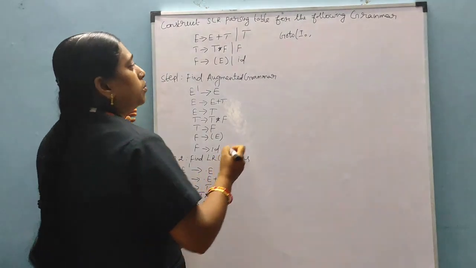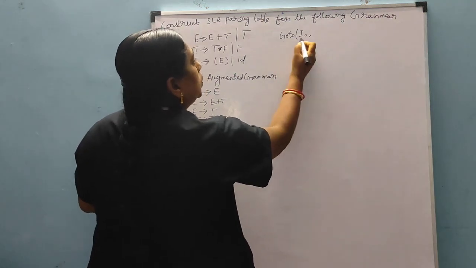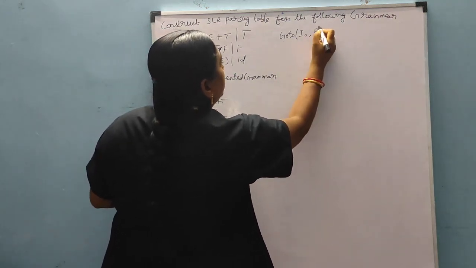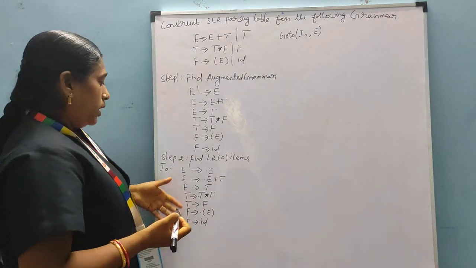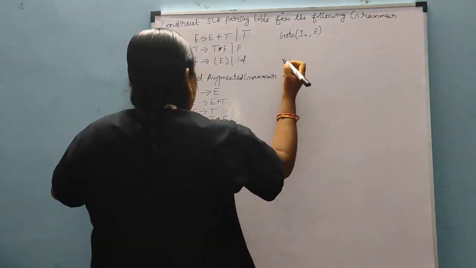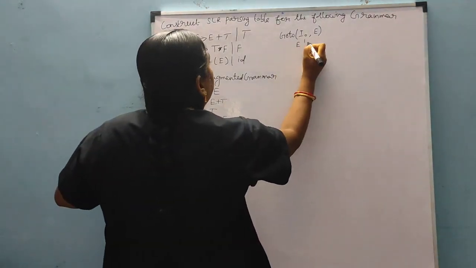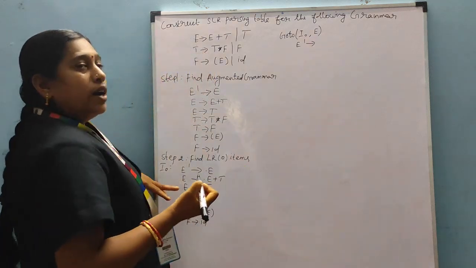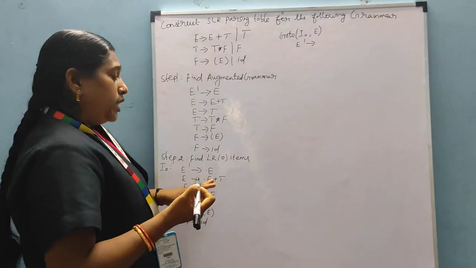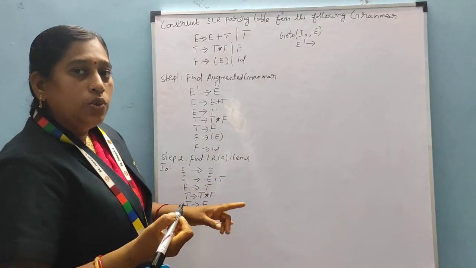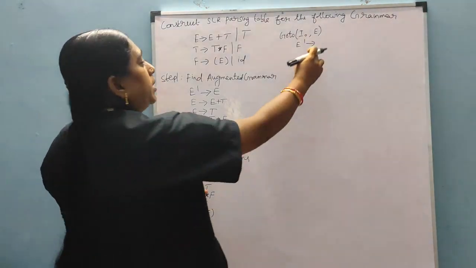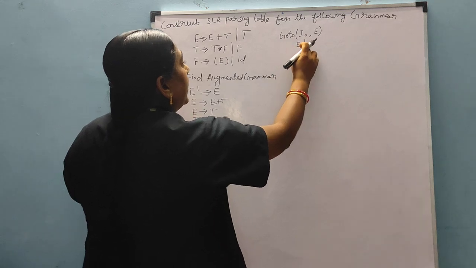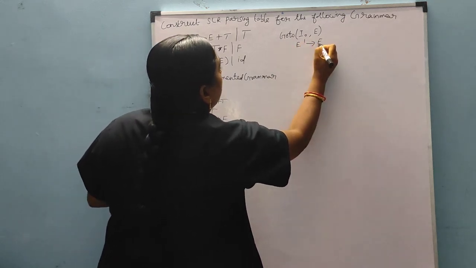E is there. So I am going to move that one. So goto I naught, comma, non-terminal E from this I naught state. Okay. So now the result is E dash tends to, each time only one movement is allowed. So I am shifting this dot to here, so I am writing E dash tends to E dot.